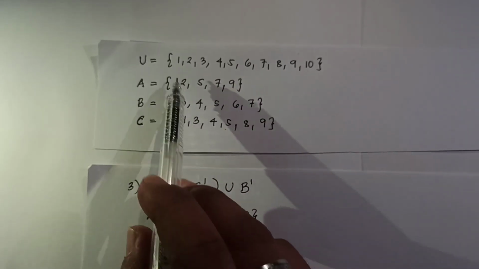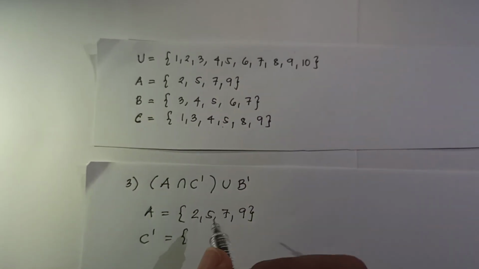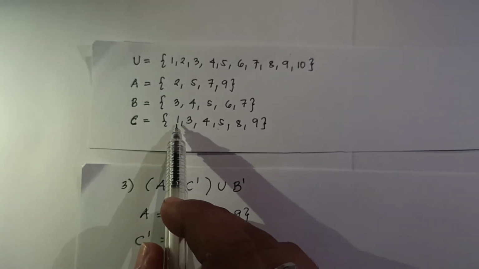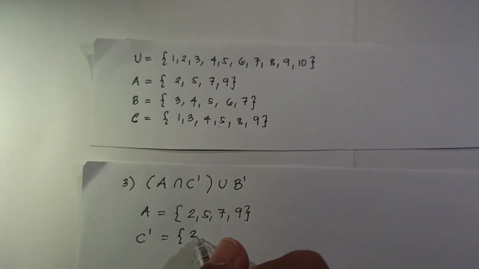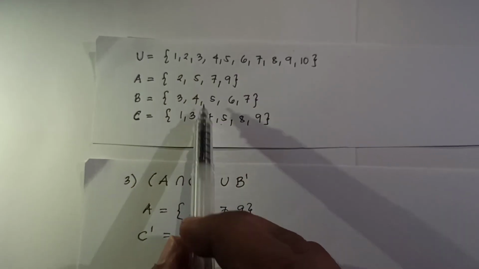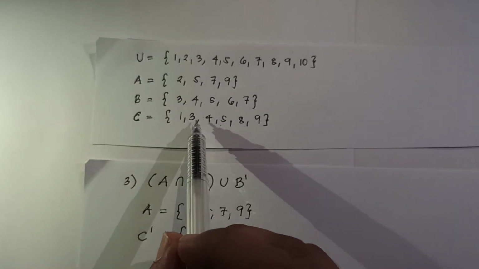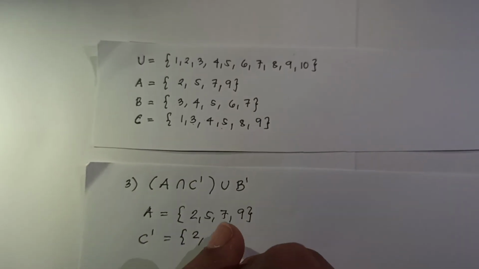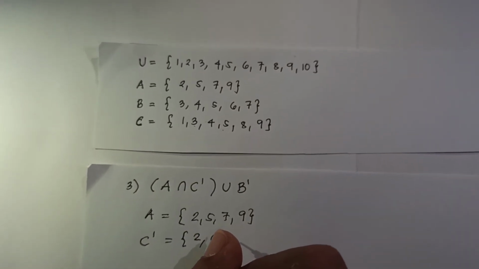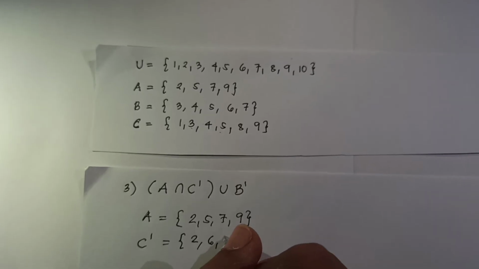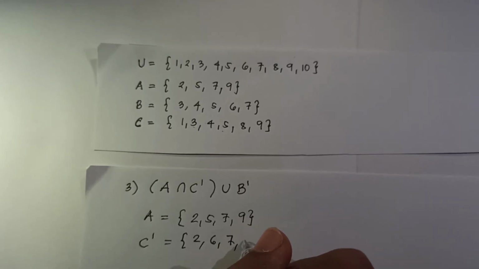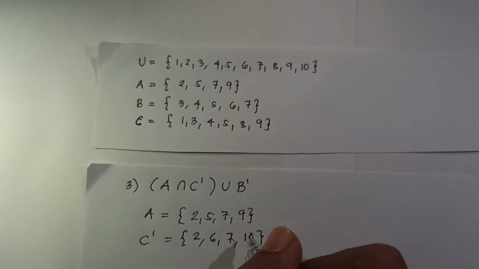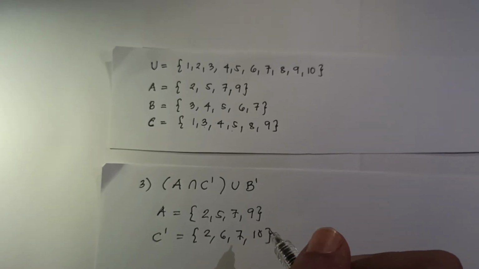Okay, C prime, based on the universal set. So 1 meron, 2, so copy 2 here. And 3 meron, 4 meron, 5, 6, okay, 7 and 10. So this is C prime: 2, 6, 7, and 10.